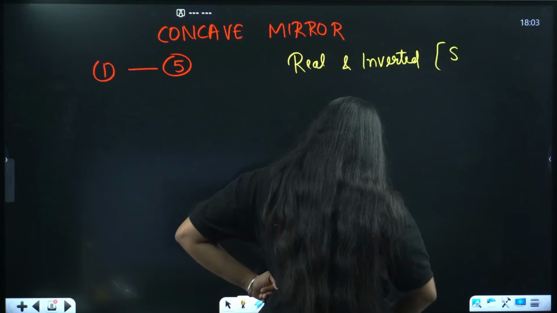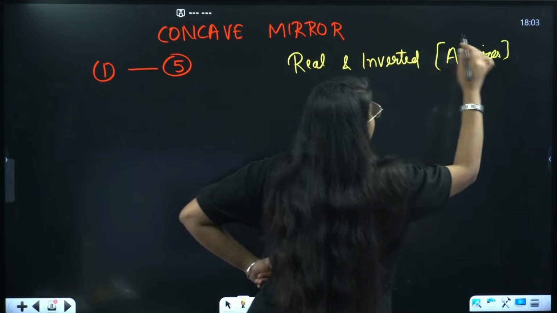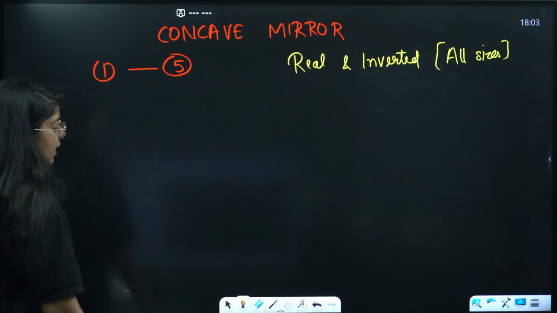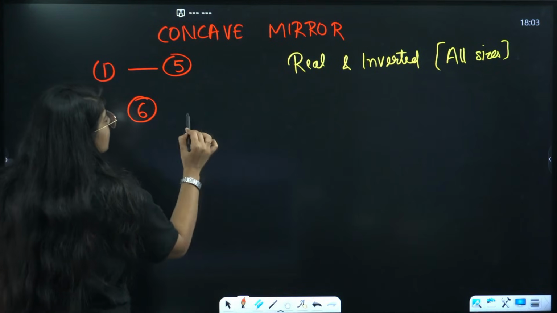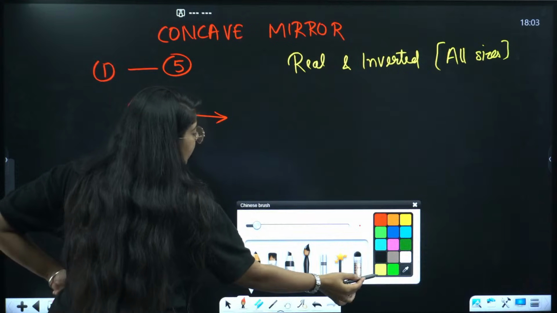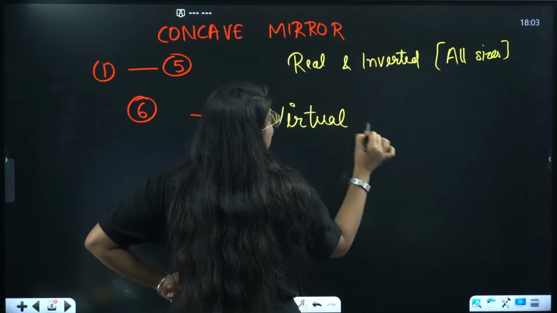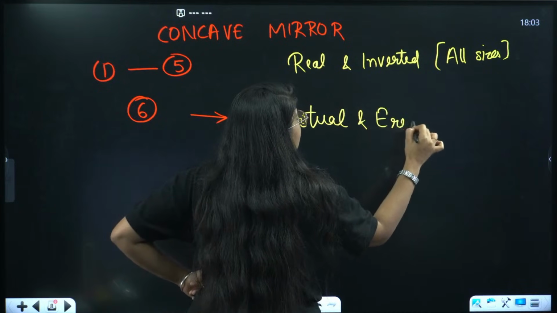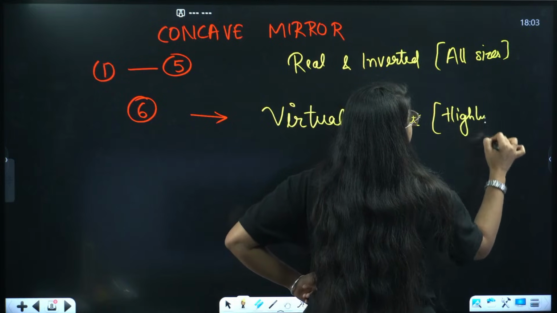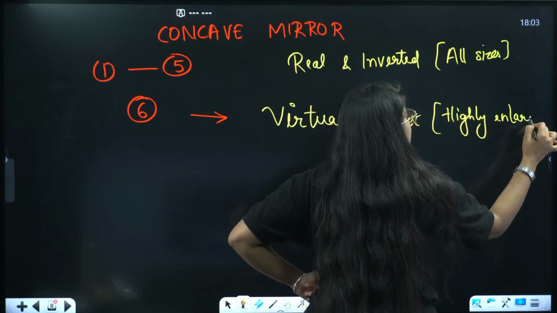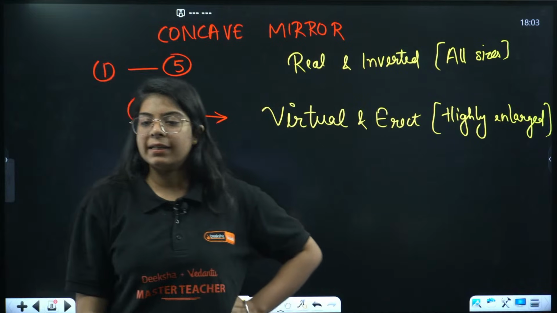And it will be of all sizes. The image will be of all sizes. And the sixth case, we have the image will be virtual and erect. The image will be virtual and erect, and it will be highly enlarged. ठीक है? Done. The image will be highly enlarged and it will be forming behind the mirror.